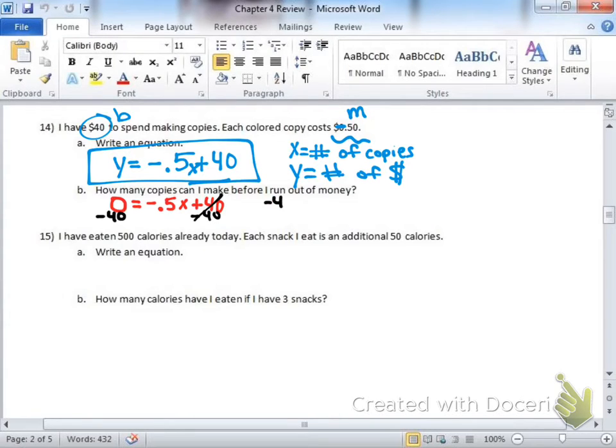0 minus 40 is negative 40, and that equals negative 0.5x. All right, then I want to undo the multiplication or division. So I'm going to divide both sides by that negative 0.5. Those go away. The x is by itself. It equals, what is negative 40 divided by negative 0.5?